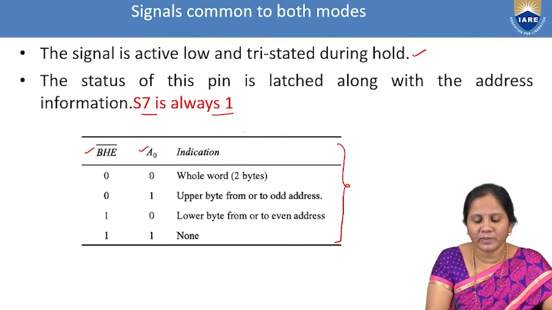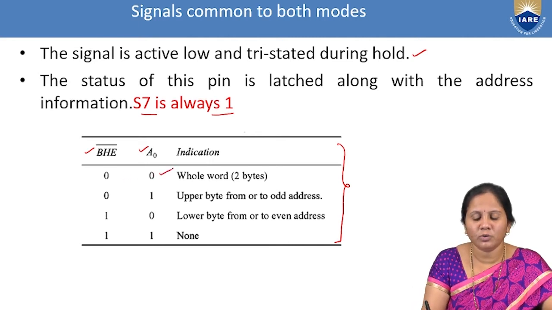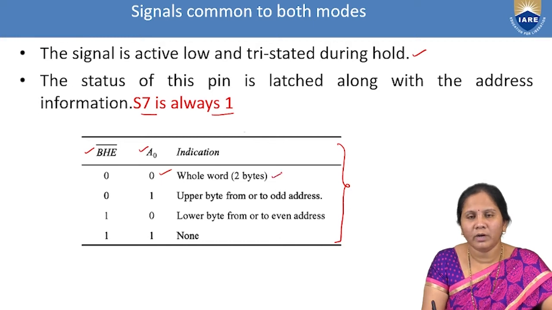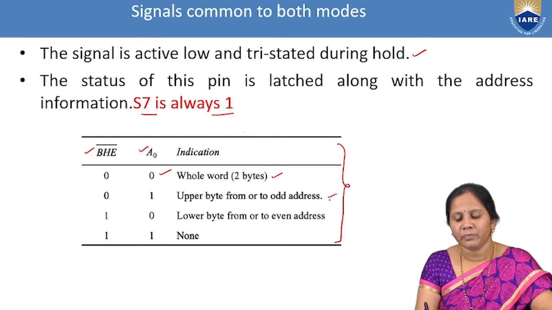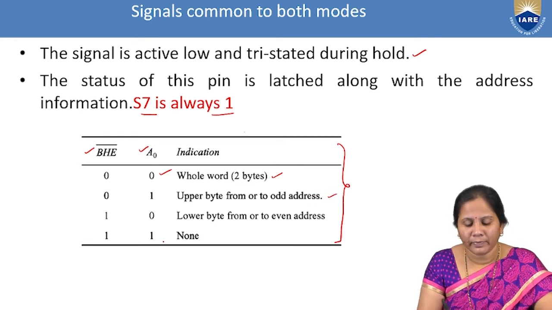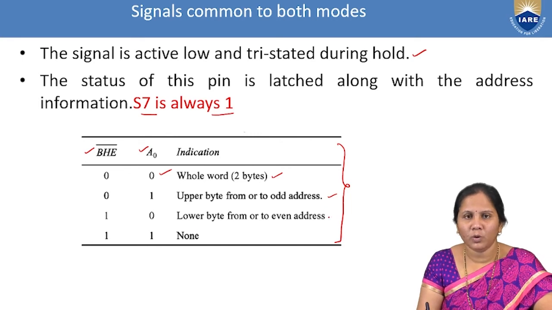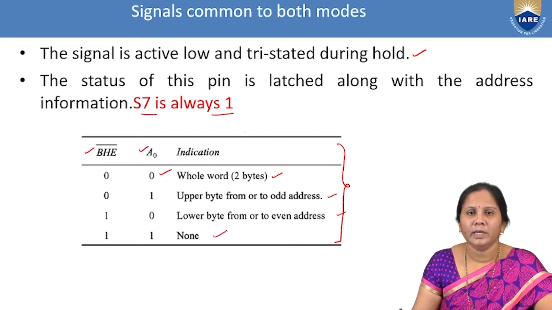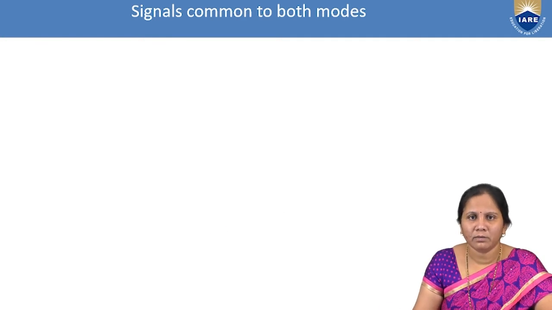If A0 and BHE bar are 00, the whole word will be transferred; 01 is the upper byte or odd address; 10 is the lower byte from or to the even address; and 11 is not valid.